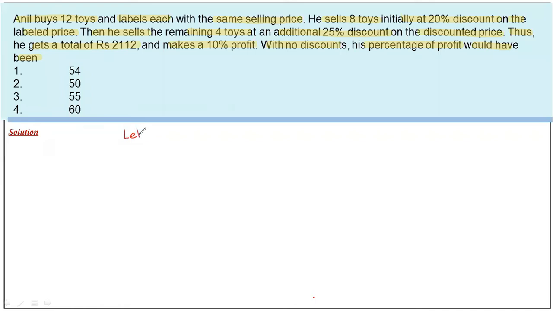Okay, so let the selling price of each toy be 100k.